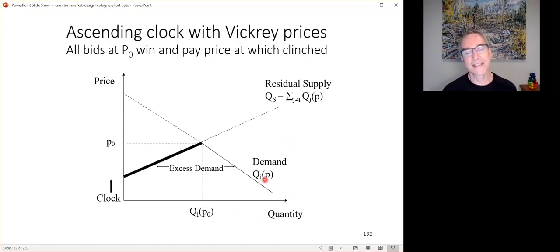With Vickrey prices, we do the same thing. The only difference is we're calculating the residual supply curve too. Right at this point, nobody has to win, but as we go along, we get to this point right here, where all of a sudden this bidder I has to start winning, and now they start paying along the residual supply curve.